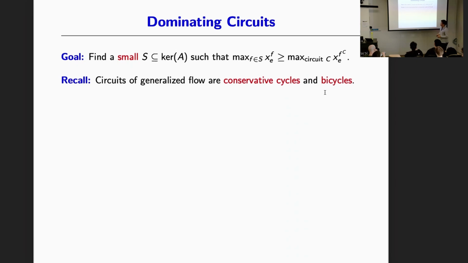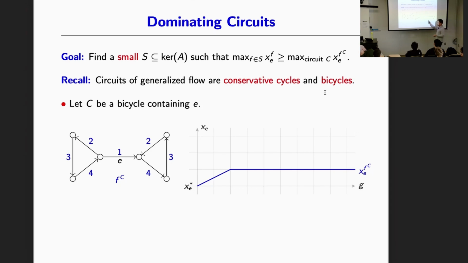Now recall, for generalized flow, we have nice circuits. They are conservative cycles or bicycles. So let's just look at the bicycle because it's more interesting, and let's fix an edge in the bicycle. Let's say it's this middle edge here.